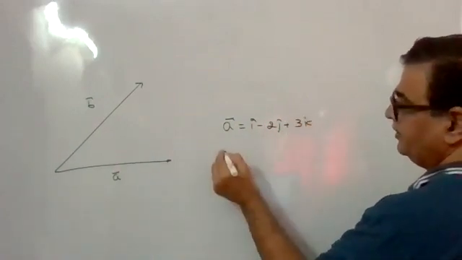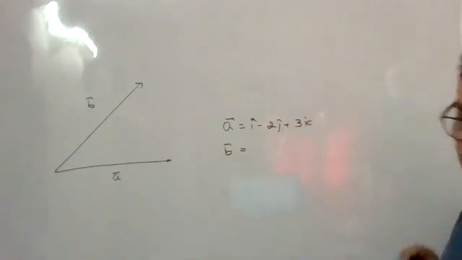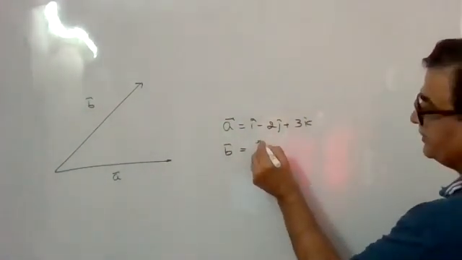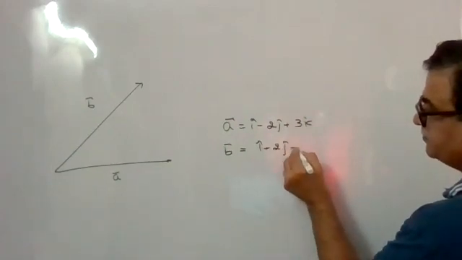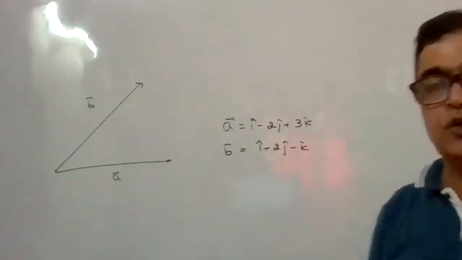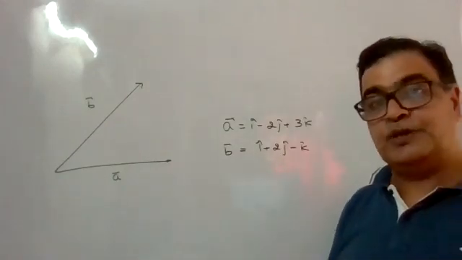This is one vector. Another vector b is i plus 2j minus k. I want a vector which is perpendicular to both, which should be a unit vector.